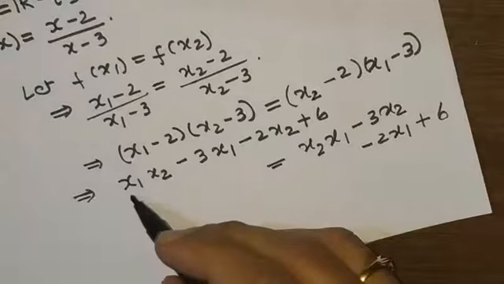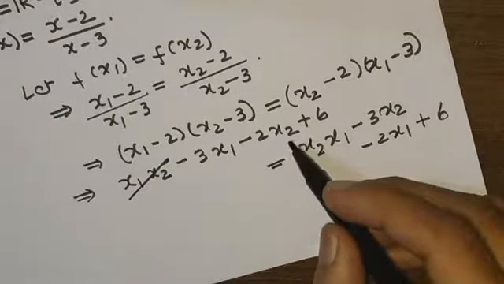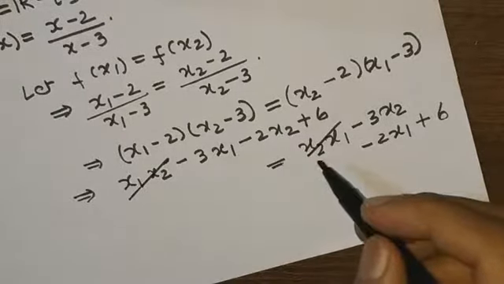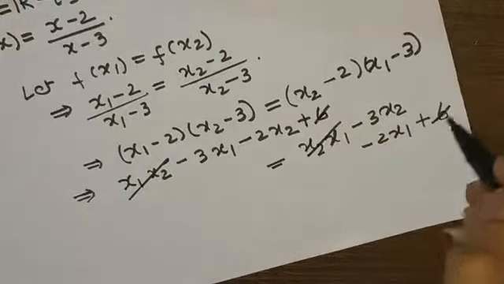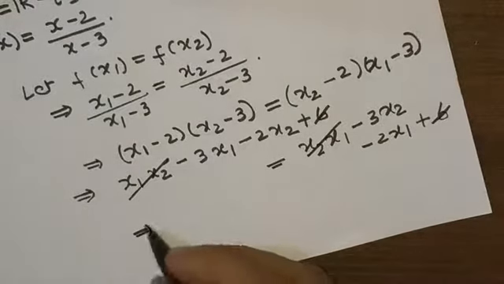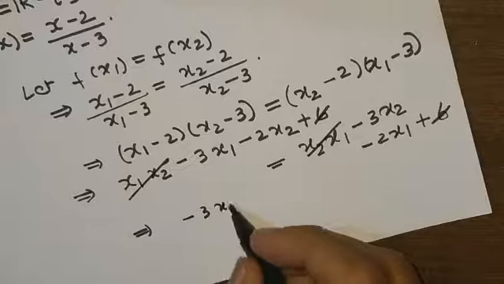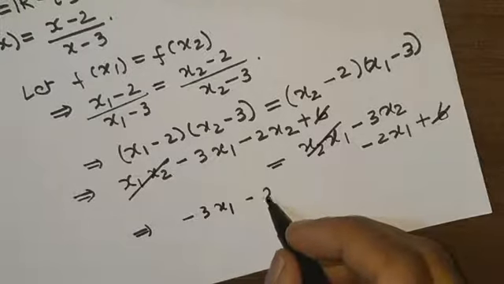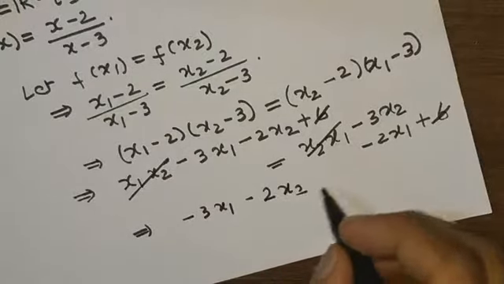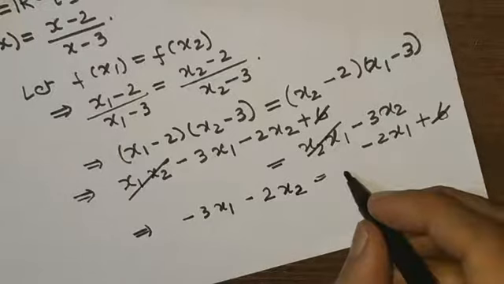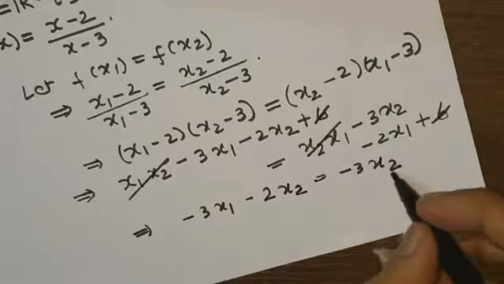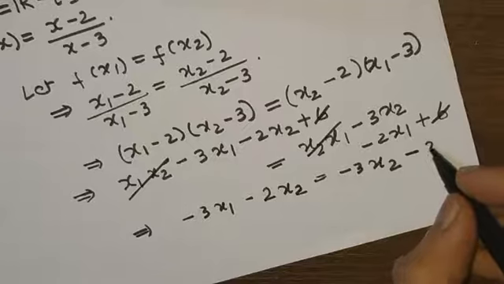So you can see that x1 x2 gets cancelled, here 6 gets cancelled, so you will get minus 3x1 minus 2x2 equal to minus 3x2 minus 2x1.